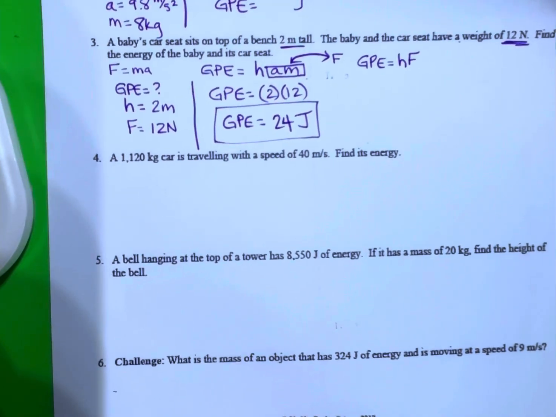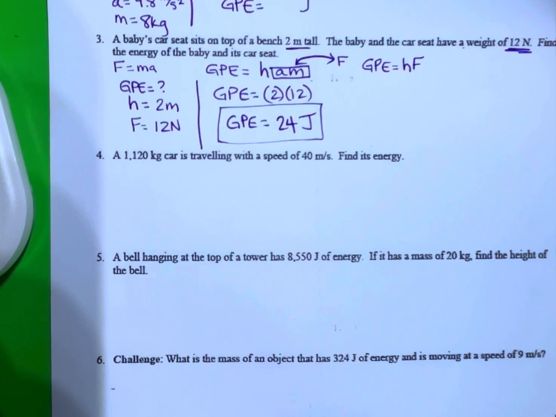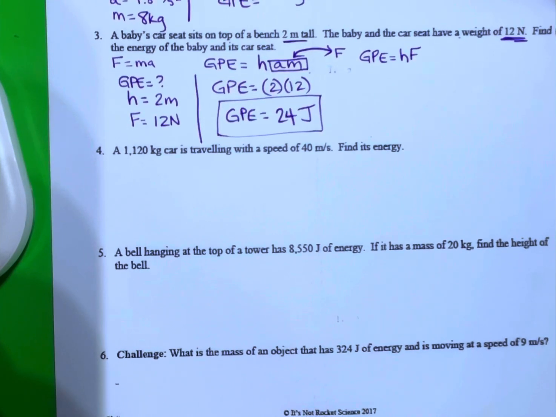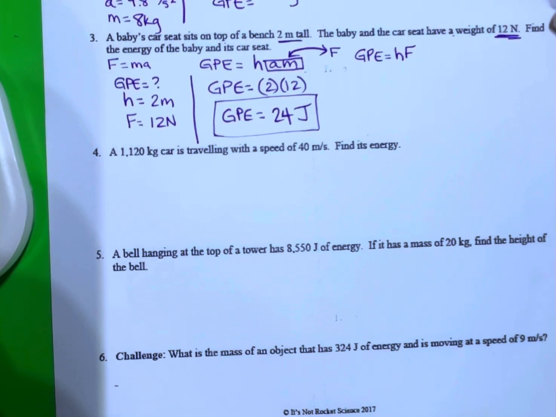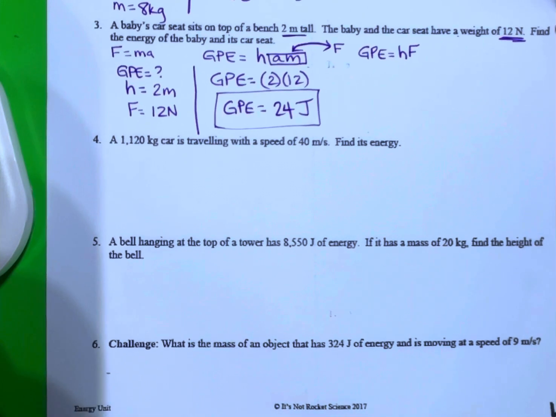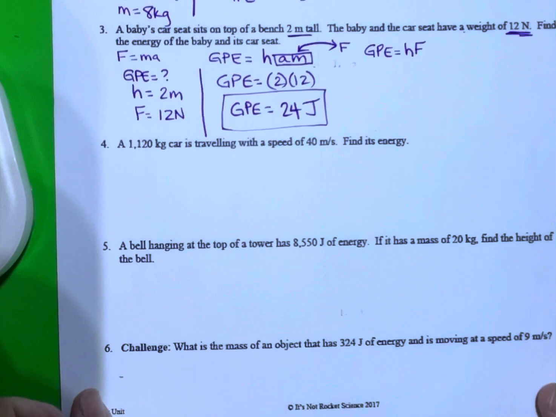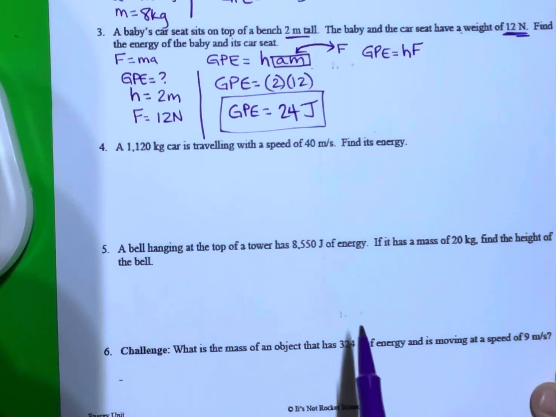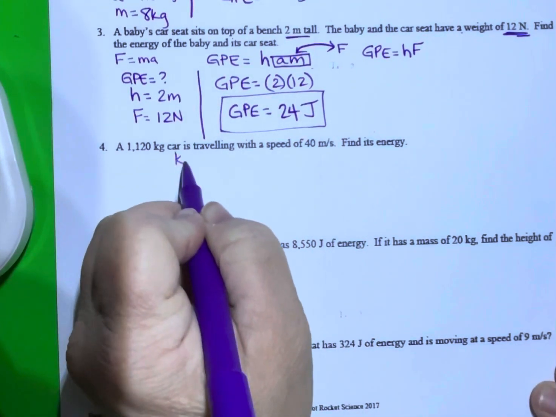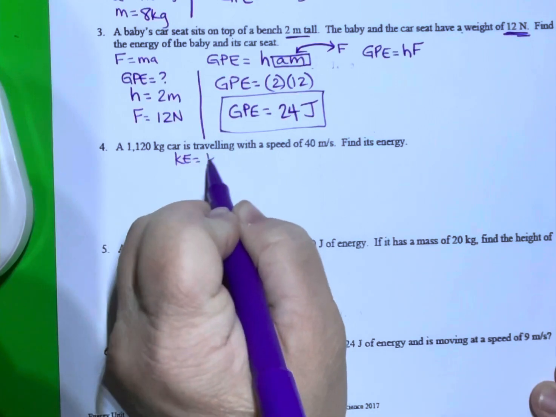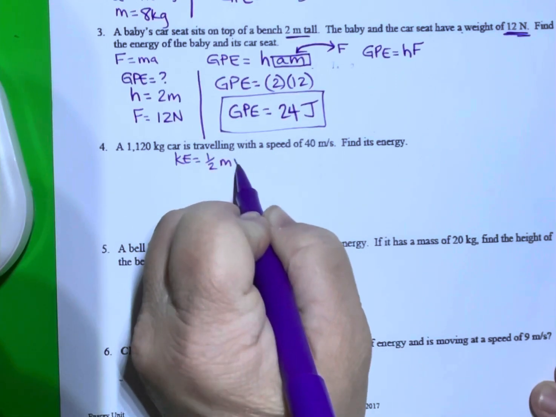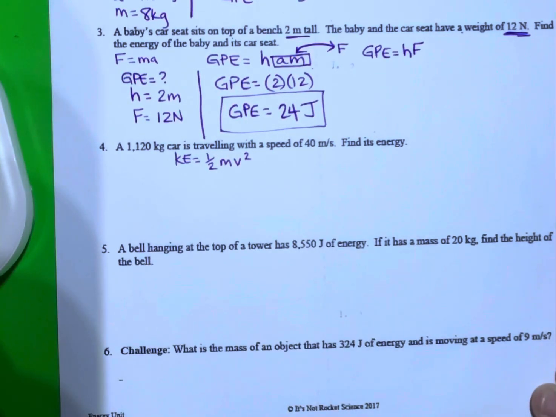Number 4. A 1,120 kilogram car is traveling with a speed of 40 meters per second. Find its energy. So they give us a mass and a velocity, so we're going to use the kinetic energy formula. Kinetic energy is equal to 1/2 mass times the velocity squared.